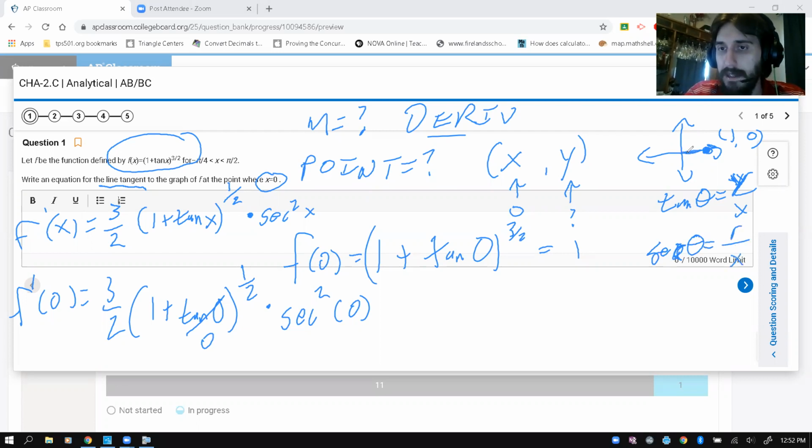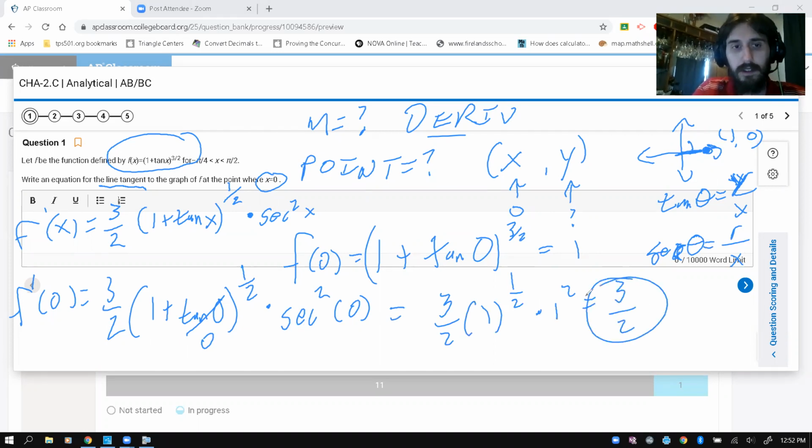The radius on the unit circle at 0 is 1. The x value is 1. 1 divided by 1 is 1. So this is 1 squared. So this is going to be 3/2 times 1 to the 1/2 power times 1 squared, which is just 3/2. So our slope is going to be 3/2.